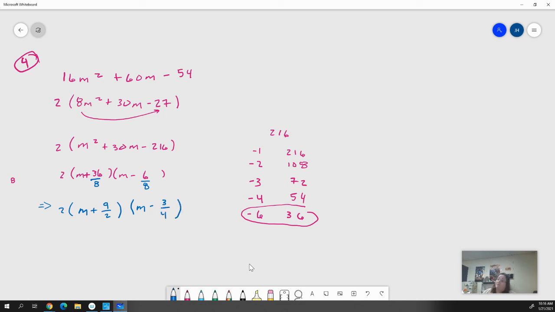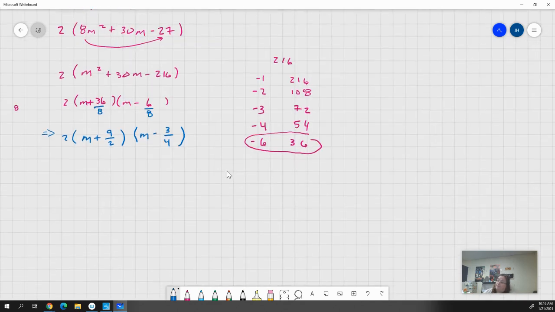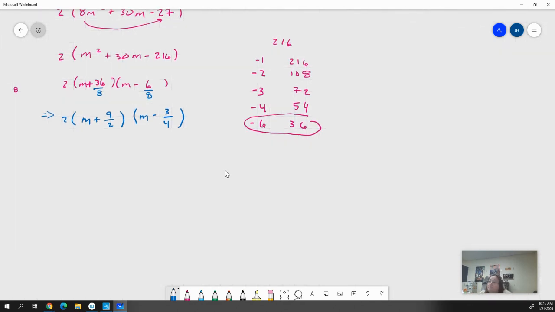Now what do I do? Anyone remember what I do with the denominators once we reduce the fractions? Perfect.